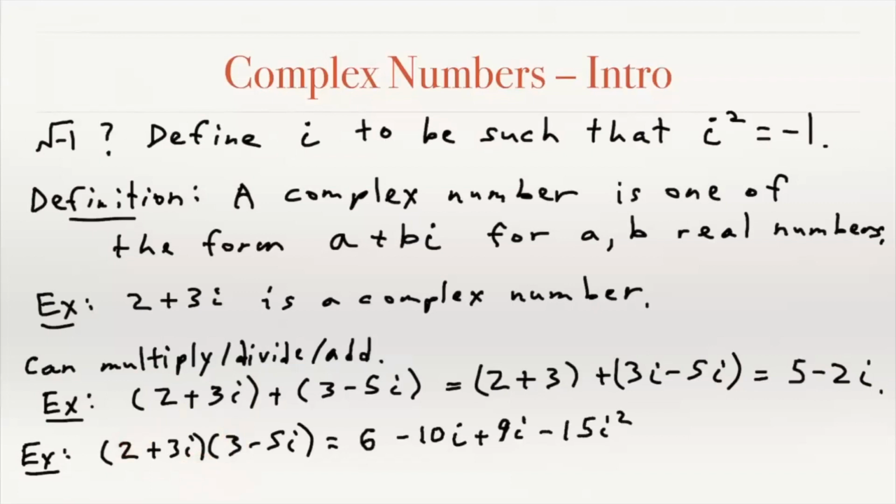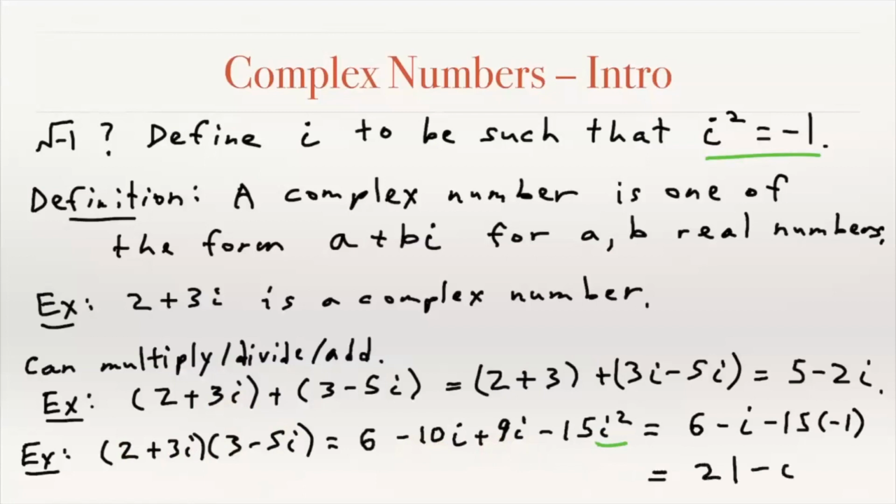That's just standard foiling. And that 15i squared is 3i times minus 5i. But what is i squared? Well, i squared is -1. So this is 6 minus i minus 15 times -1. That minus i is -10i plus 9i. And 6 plus 15 is 21.